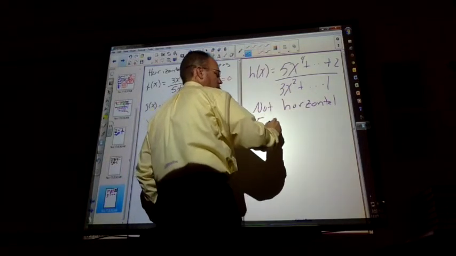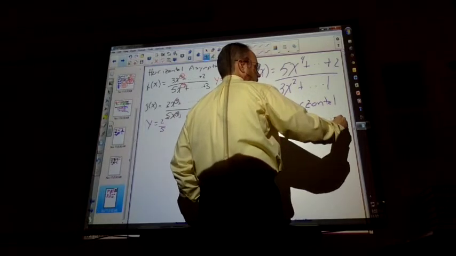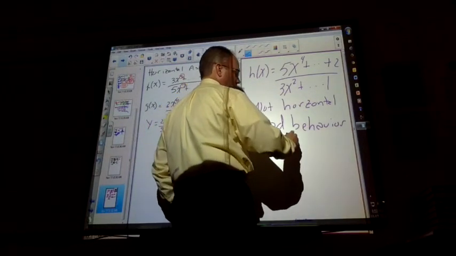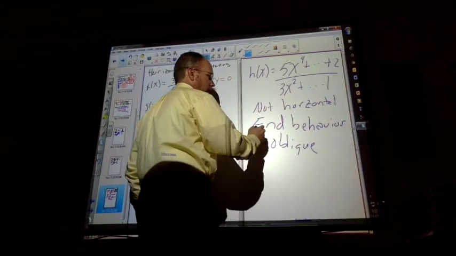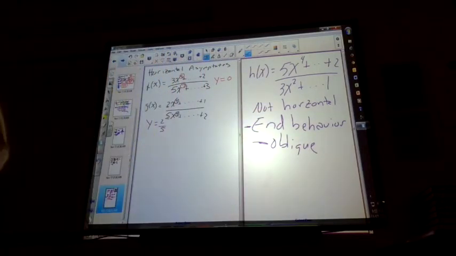But you still need to be aware of the end behavior, which is also called the oblique asymptote. What that means is end behavior is just like what we're talking about. When you use long division on these, you can find out what the ends of the graph approach.